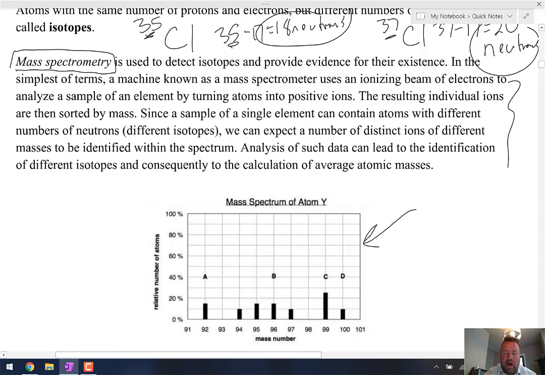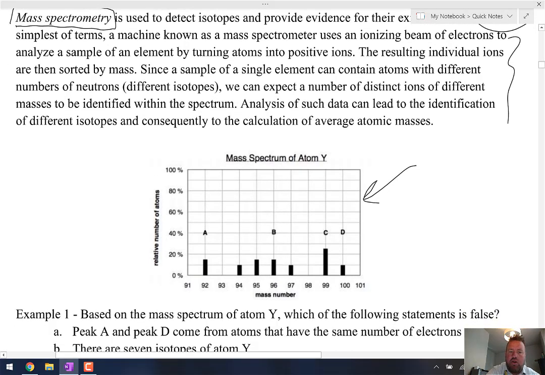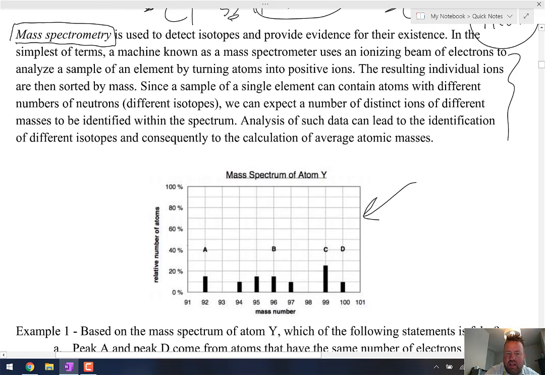spectrometry data table here, shows us that according to this information, this element has 1, 2, 3, 4, 5, 6, 7 different naturally occurring isotopes.